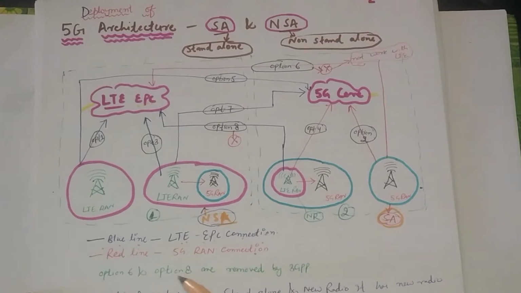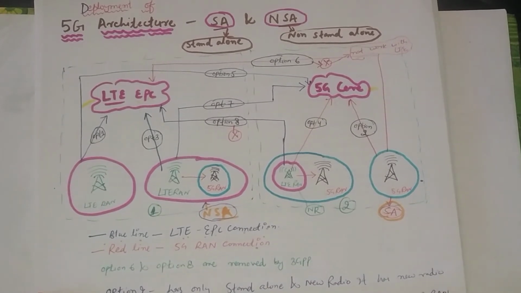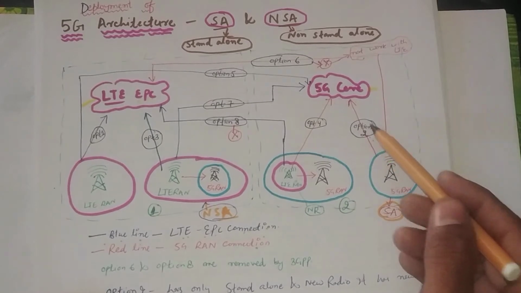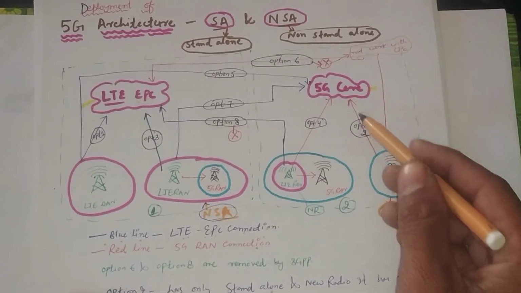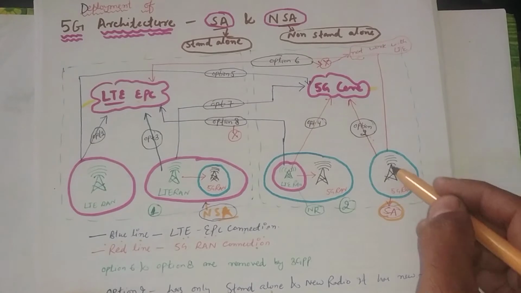And option 6 and option 8 are removed, which I have already told you, by 3GPP. And option 2, this is option 2. Option 2 has only standalone and new radio. It has a new radio base station. This is only standalone, option 2.